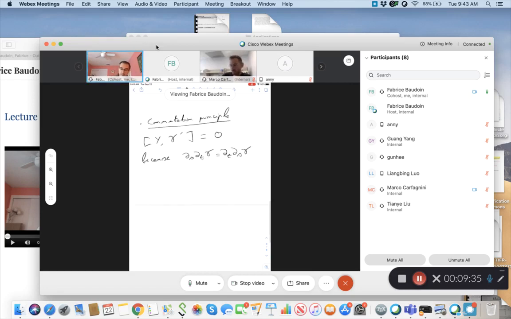So now let me speak about the kind of variation which is interesting for us, which is going to be the geodesic variations. This is a specific case of variation of a given curve.